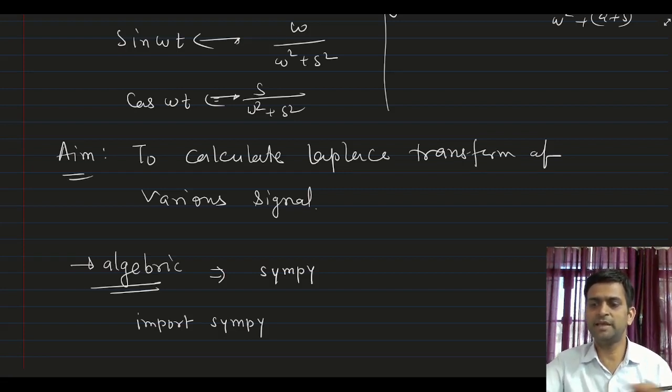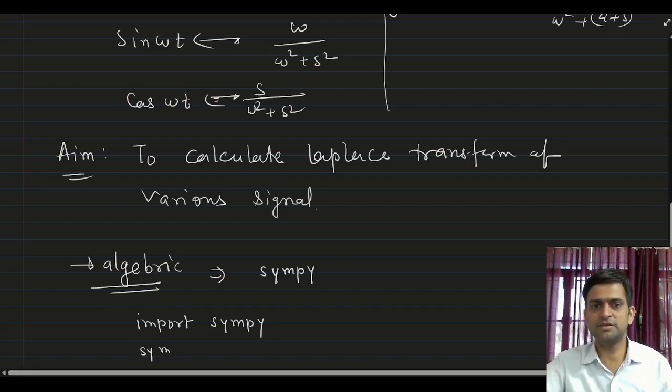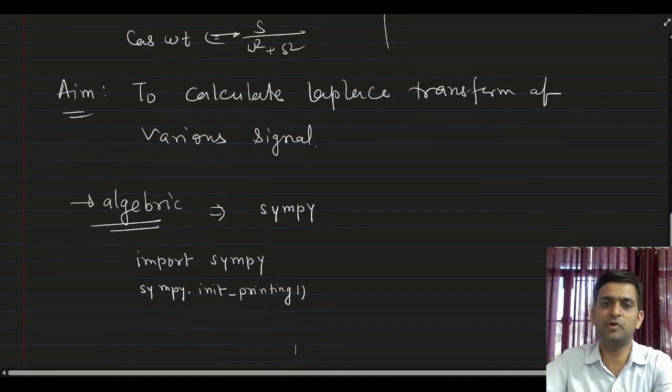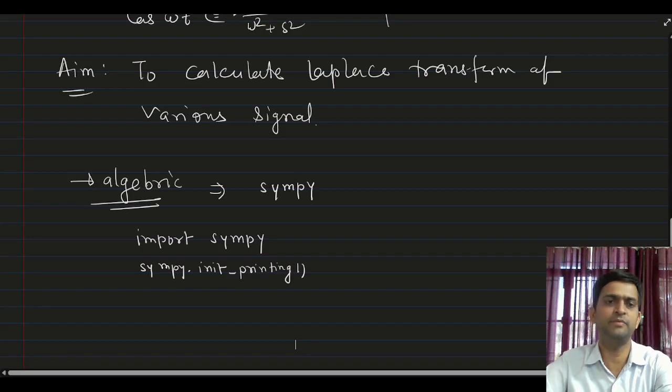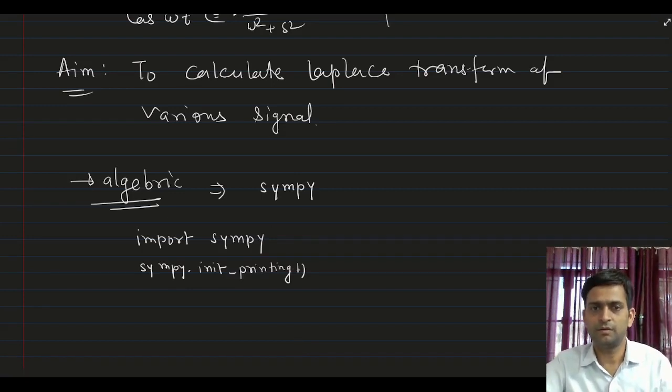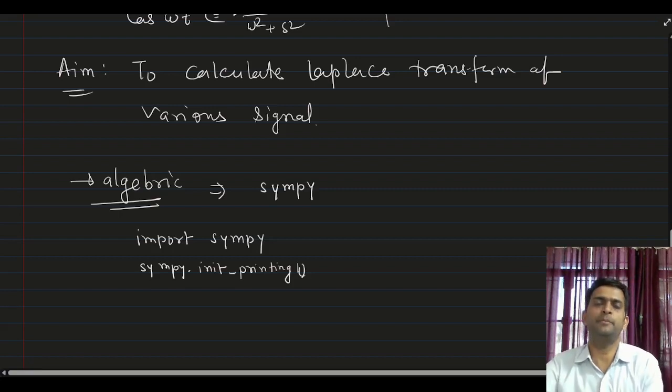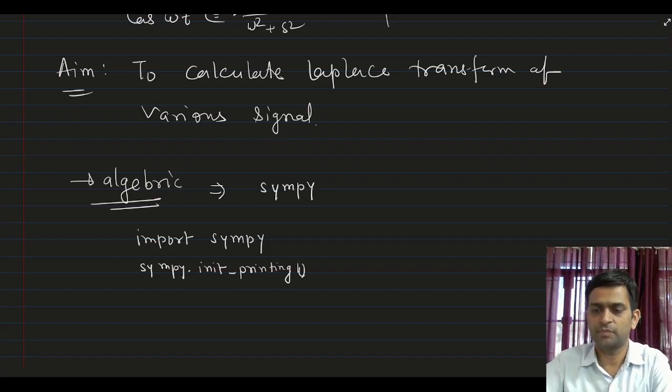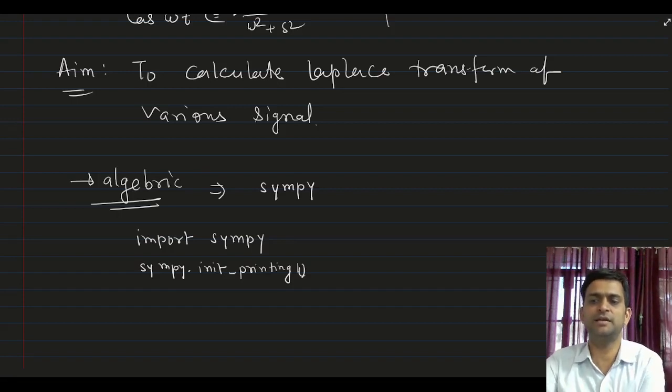For making SymPy output printable, I also write one more command, sympy.init_printing. If you are plotting, we will use matplotlib as we were using previously, or we can use NumPy also. No problem. We will do Laplace transform by two methods. One is direct evaluation, another is by using the standard library.